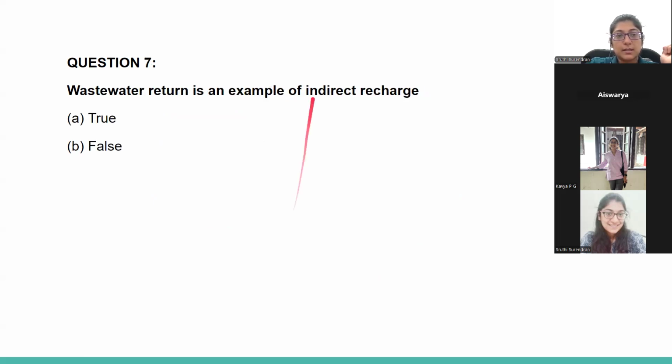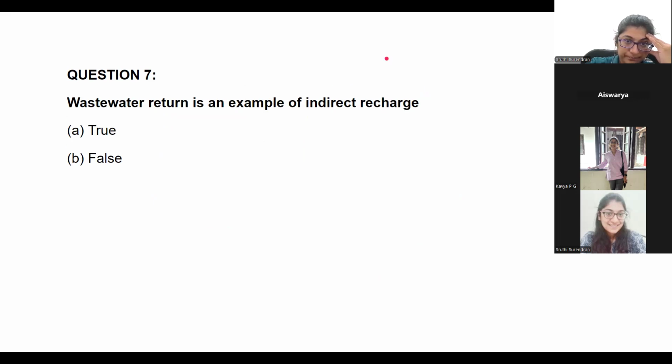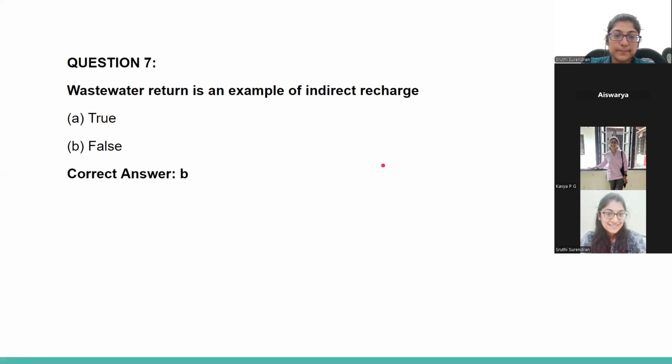Wastewater return is an example of indirect recharge. Is this true or false? Okay, so the answer is false.